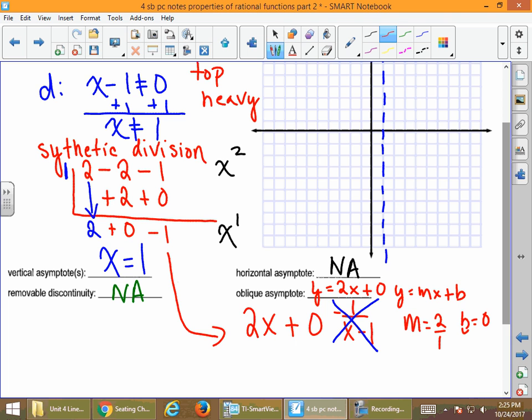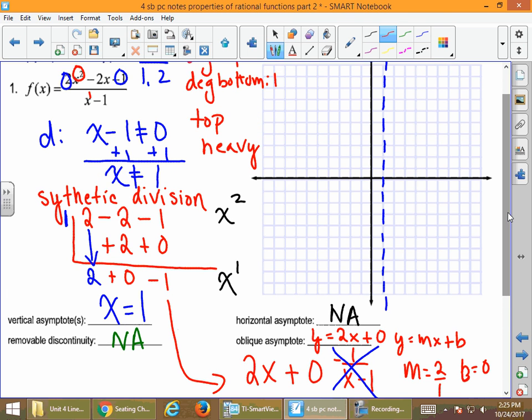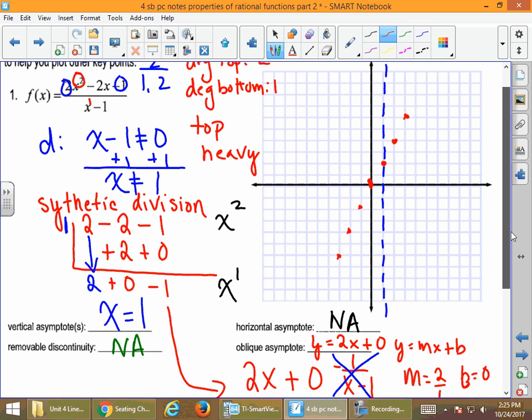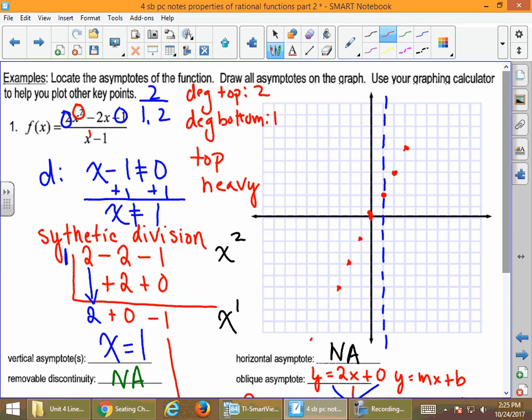Ooh, supposed to be a b. b equals 0. So here's 0, and it's up 2 over 1, up 2 over 1, up 2 over 1. Or we can go down to the left 1, down to the left 1, down to the left 1. And there we get our oblique.